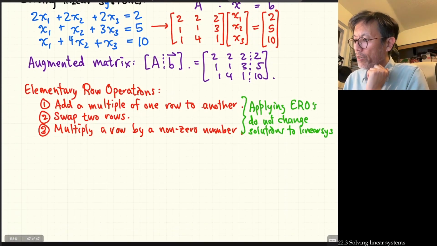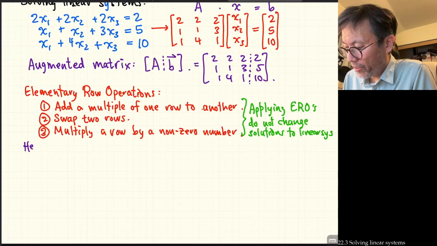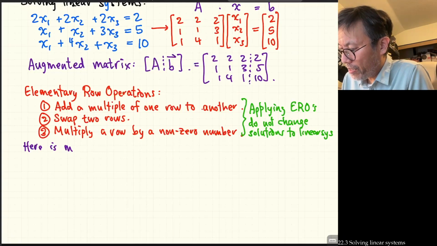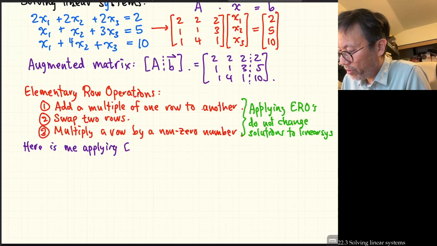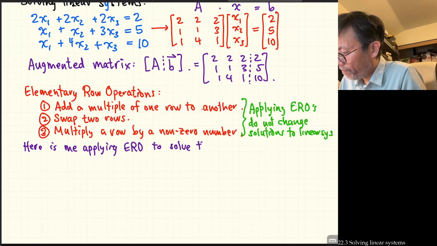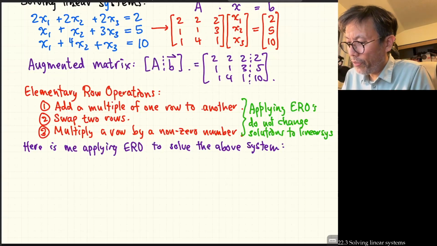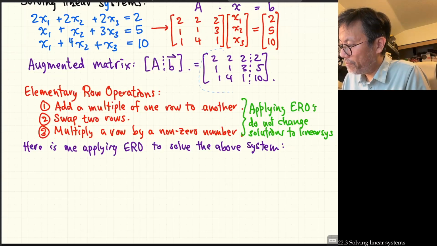How? Okay, let me demonstrate with an example. So here is me applying elementary row operations, EROs, to solve the above system. I'm going to start with the augmented matrix I've got here.